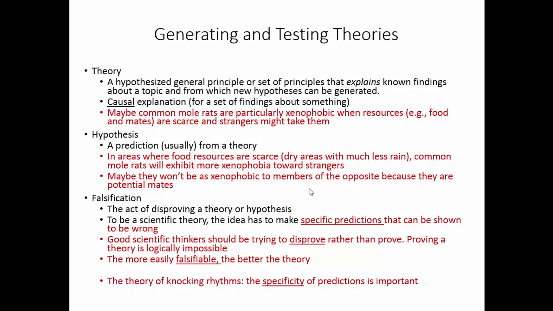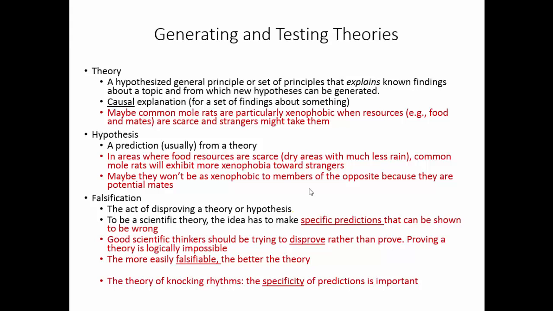Lying at the core of what it means to be a scientific theory is that hypotheses and, relatedly, theories need to be falsifiable. Karl Popper, historically probably the most famous philosopher of science, emphasized that falsification was kind of like the essence of what it meant to be doing science.